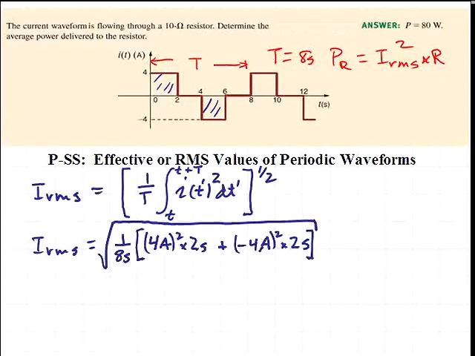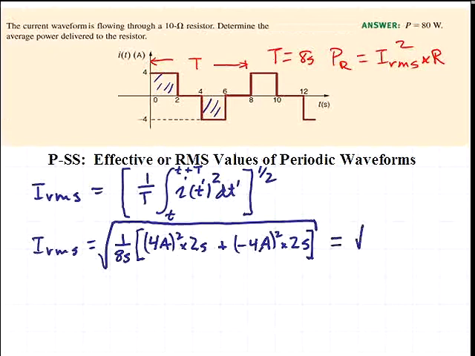But when we square those, both of those areas become positive areas when integrated over their respective 2-second intervals. Average that squared integral by dividing by the period of 8 seconds, and then take the square root.